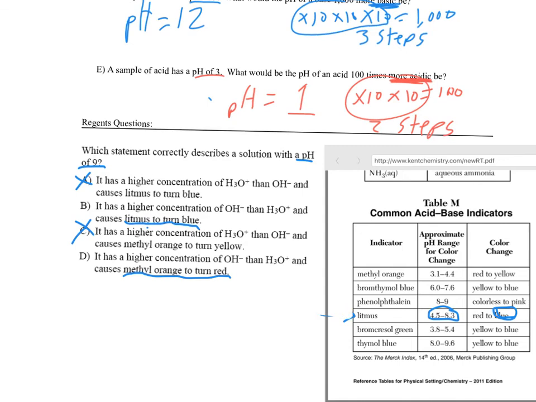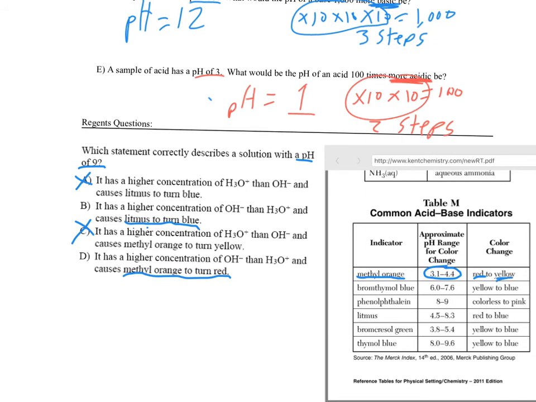That already looks like the right answer, but let's check the other one just to make sure we didn't make a mistake. The other one says methyl orange turns red. So methyl orange is right here. This is the pH range for methyl orange, 3.1 to 4.4. Again, that means any solution lower than 3.1 is going to stay red, and any solution higher than 4.4 is going to turn yellow.